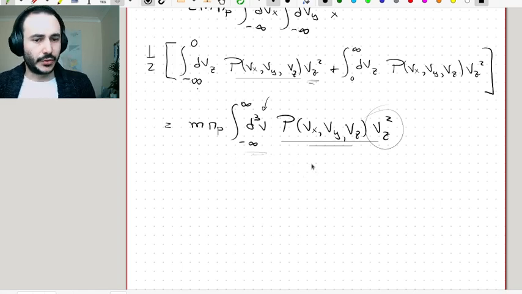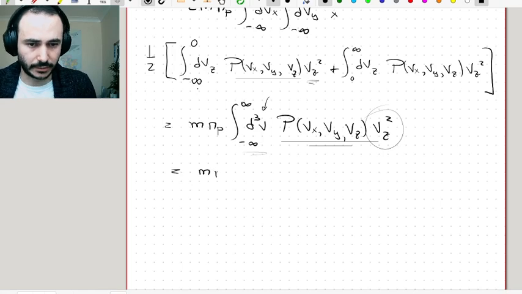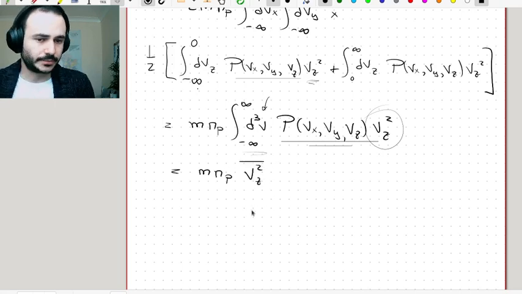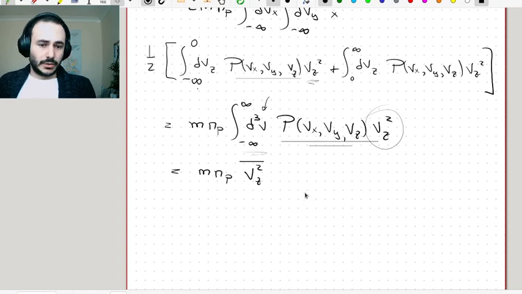This integral is an average of that thing. So I can define that to be m times n_p times the average of v_z squared, written with the over bar. This is the result.